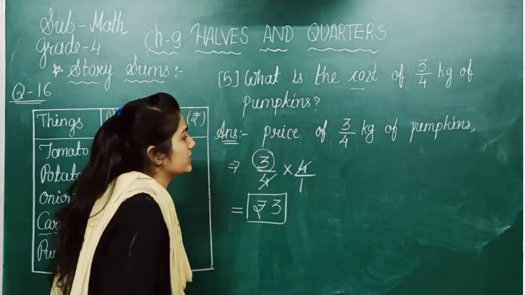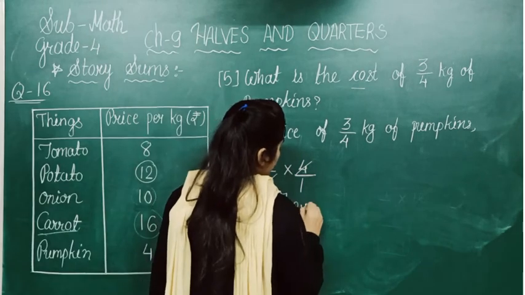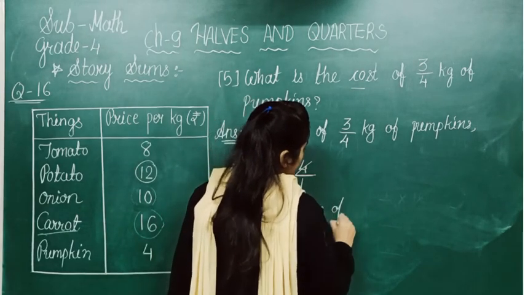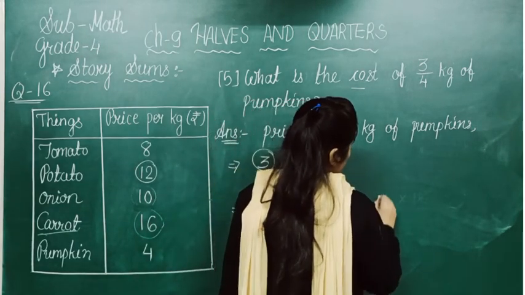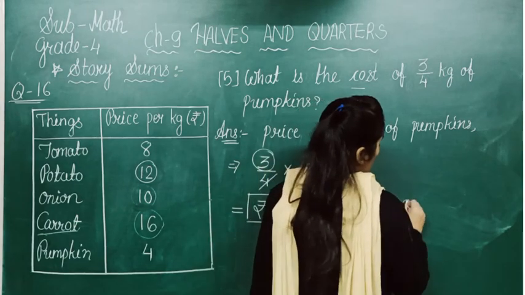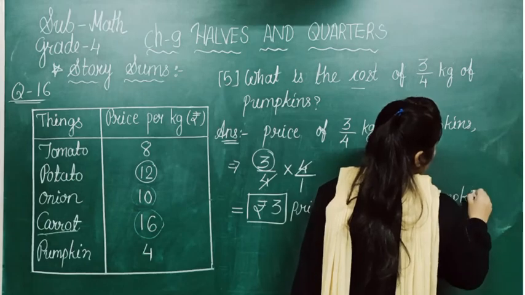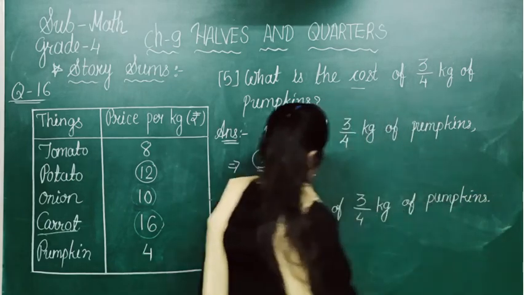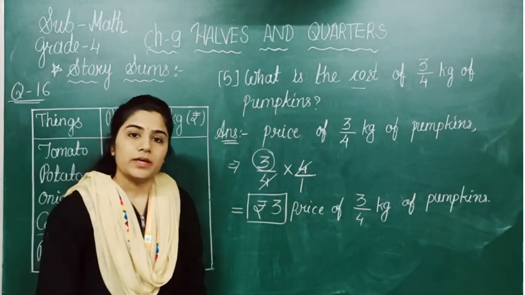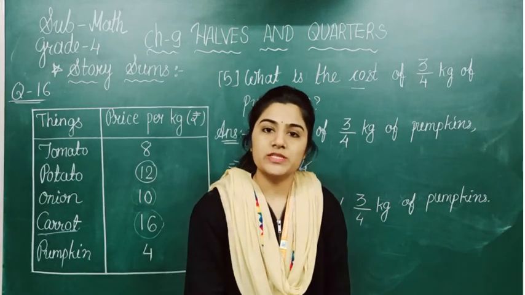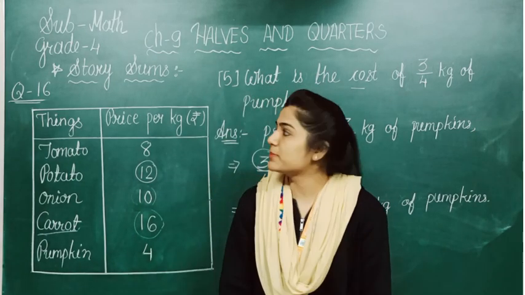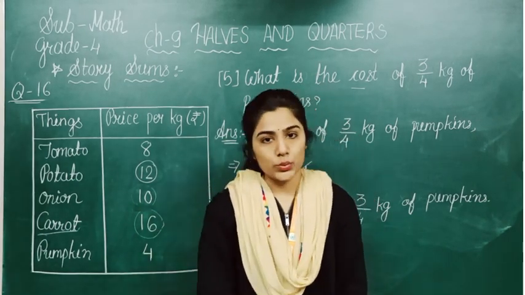So ₹3 is the price of 3/4 kg of pumpkin. This is your answer. I hope you have all understood these story sums very well as per this table. So thank you. Have a nice day.